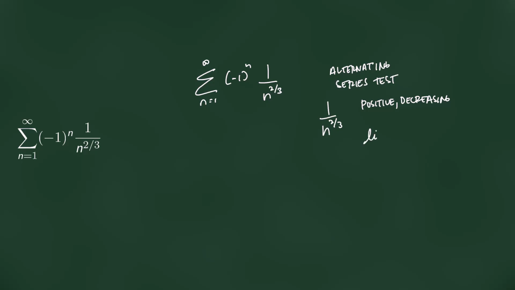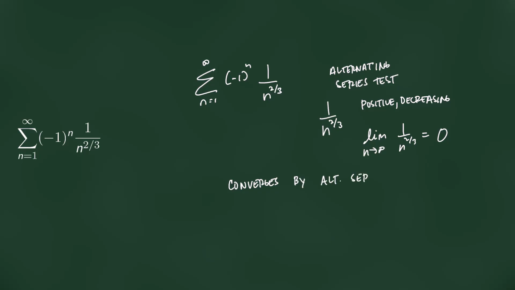If the limit as n goes to infinity is 0, then we have a convergent series, and that is in fact the case here. So this converges very straightforwardly because it is alternating. It converges by the alternating series test.